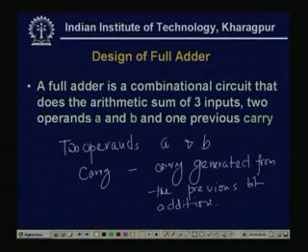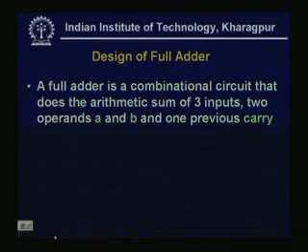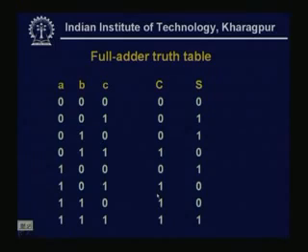Notice here that in the half adder we have not considered that thing. So, half adder means mainly the single bit addition, and here actually the multiple bit addition. So, now we see how we can design the adder.